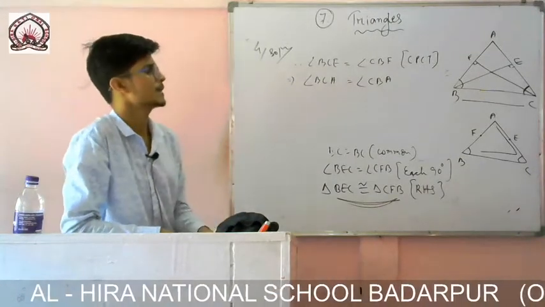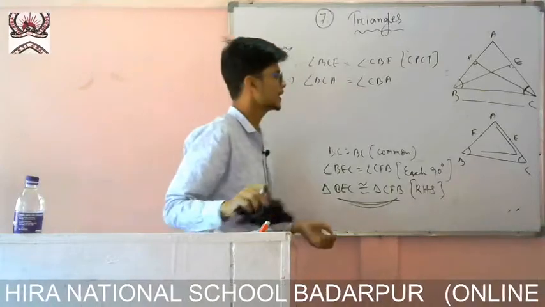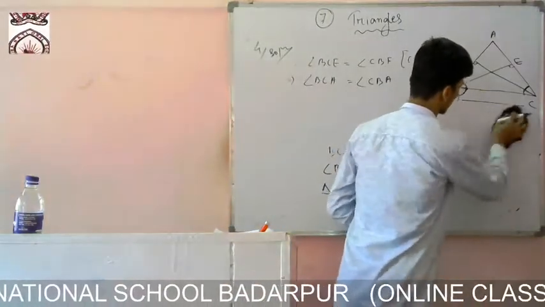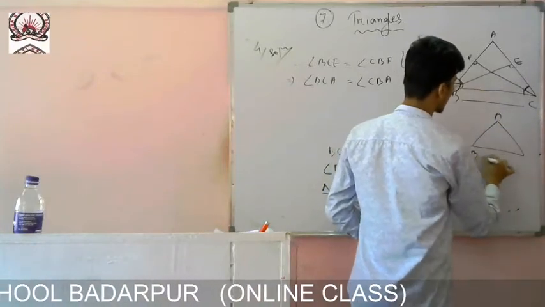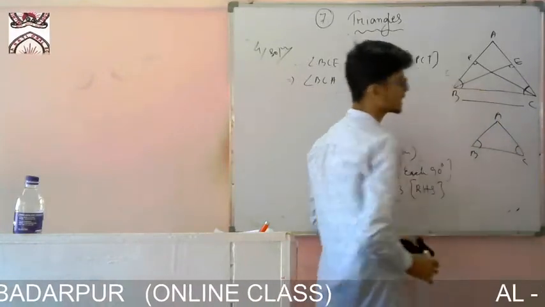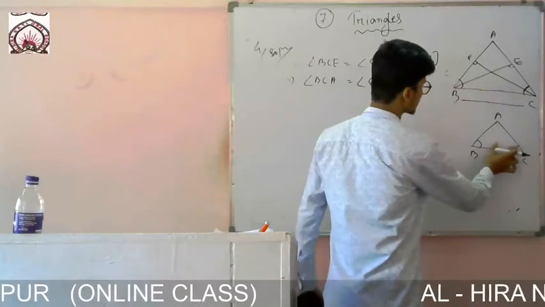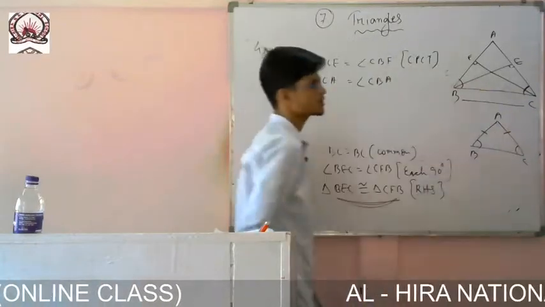Now you see the very interesting part. Now ABC is the triangle and these two angles are equal. So if these two angles are equal, then I can say that these two sides are equal.